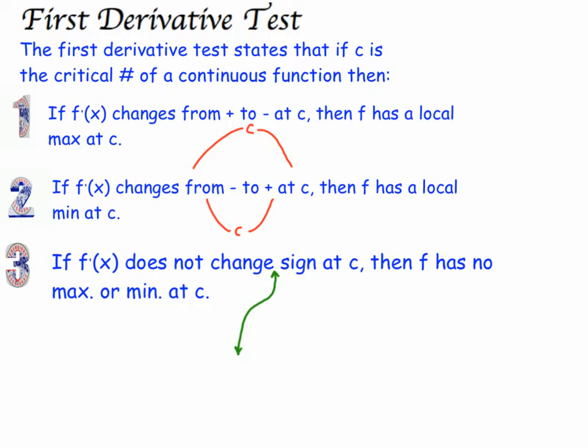So you're looking at where the derivative changes, and if the slope does change, then we're locating a local max or a local min. If the derivative does not change at the critical number, then f has no maximum or minimum point.